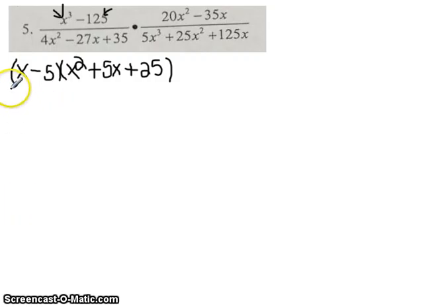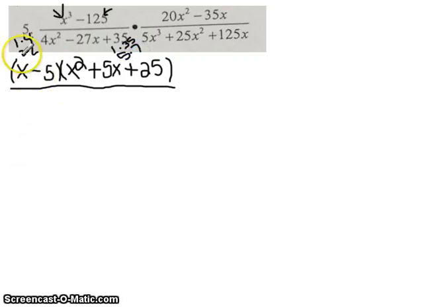Now what we need to do is factor the next term. So factors of 4 are 1 times 4 and 2 times 2. Factors of 35 are 1 times 35 and 5 times 7.